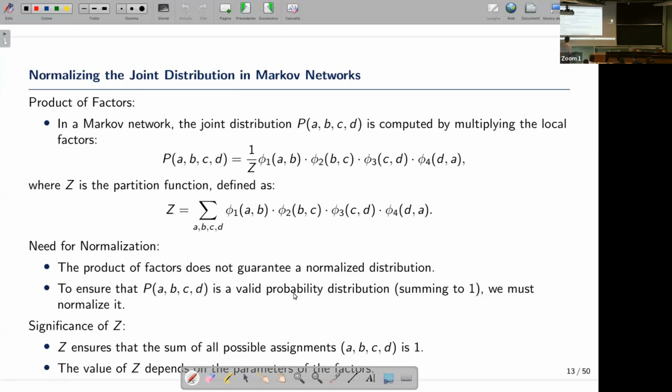Are the factors related to weights, like a weight associated with each? Yes, the weight of the factors, the number that you assign to the factor, is related to the fact that, for example, Alice and Bob give the answer 1, 1. If they are more in agreement, you assign a higher factor to this combination.